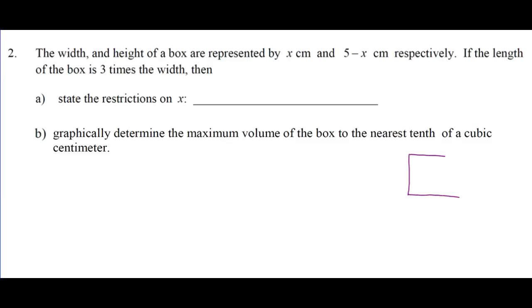Not drawn to scale. So let's call that the width. So the width is x. The height is 5 minus x. And the length is 3x.